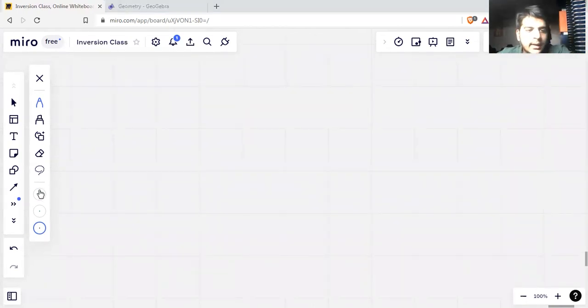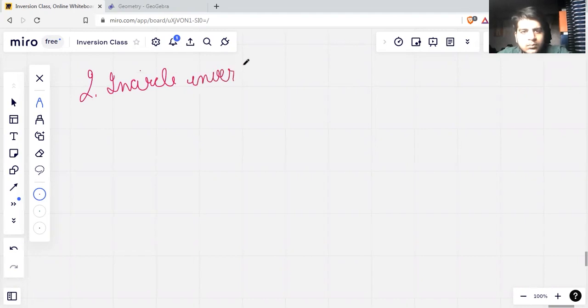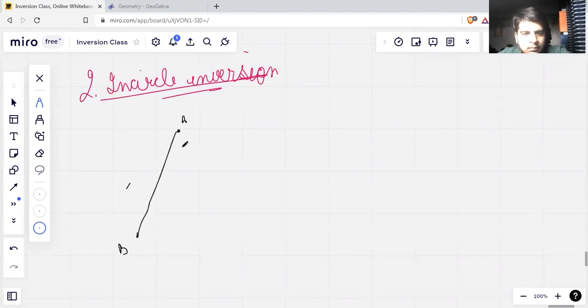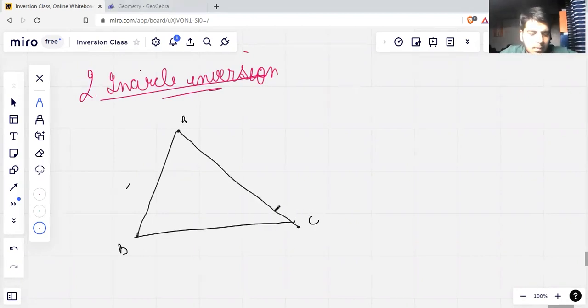Okay, so the second type of inversion is incircle inversion. What we do in this type of inversion, we have this triangle ABC, and we have the incircle of this triangle.